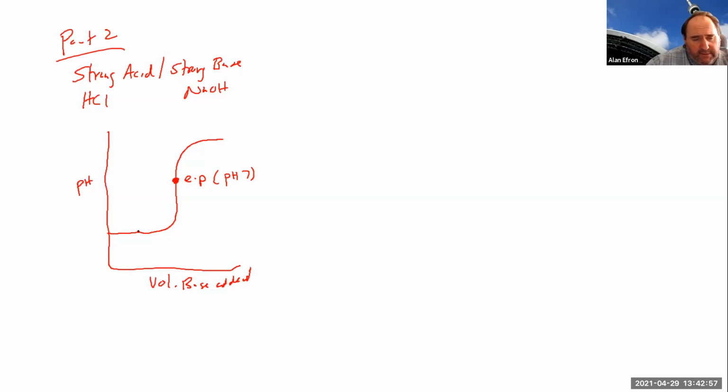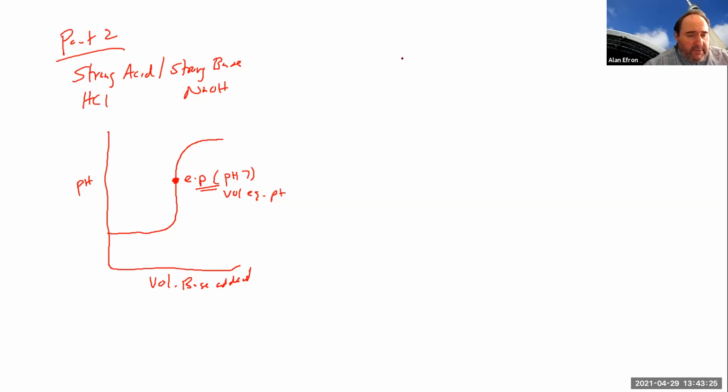By looking at this curve and following the pH, you'll have a pretty good understanding of where that equivalence point should be. You could do the same type of calculation as well. Once you figure out the volume at the equivalence point, you could do some back calculations, figure out the molarity of your acid, and verify it.